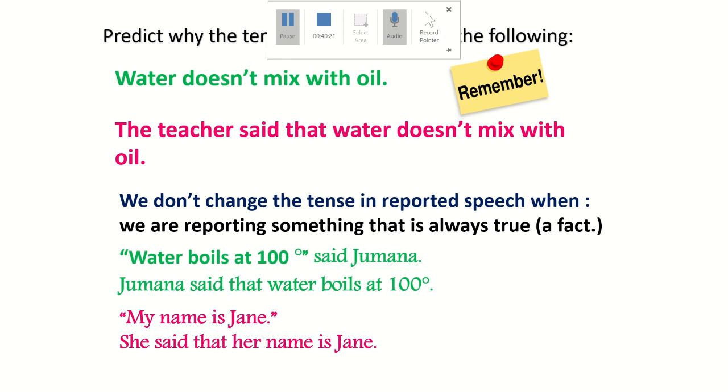So when I say that water boils at 100 Celsius, said Jumana, to report this one, Jumana said that water boils at 100 Celsius because this expresses a fact. So we keep the verb the same, we don't backshift it to past. My name is Jane, she said that her name is Jane. This is always true, so I don't change it to past or to backshift.